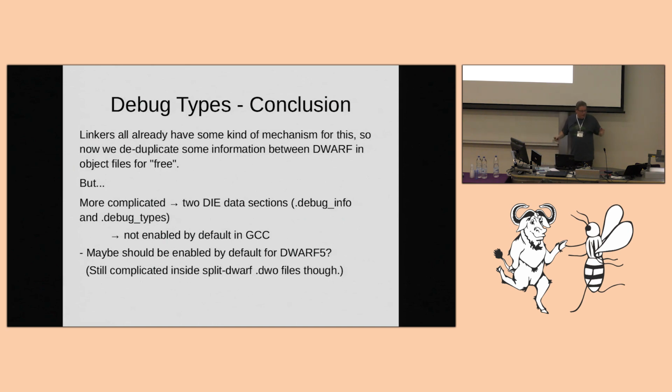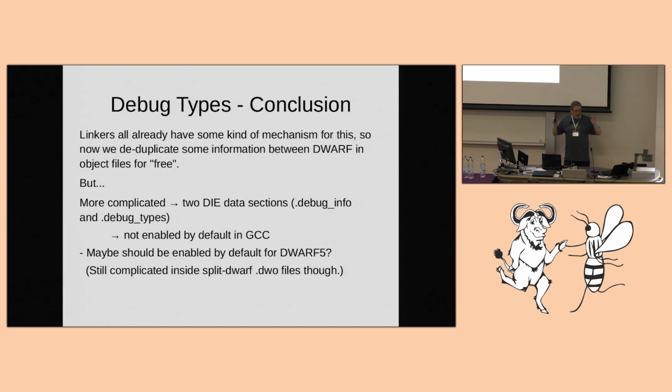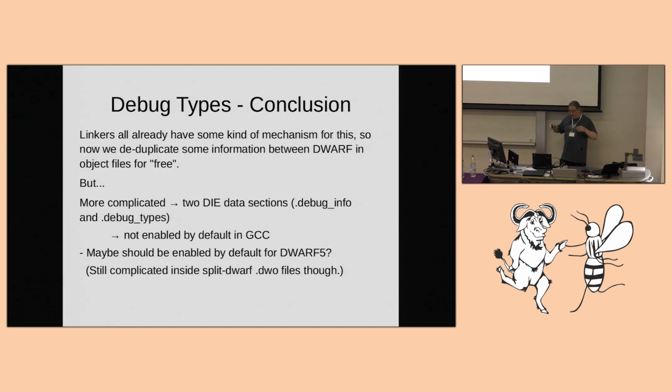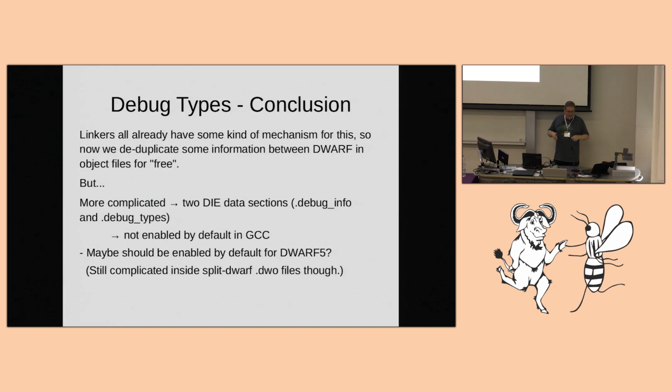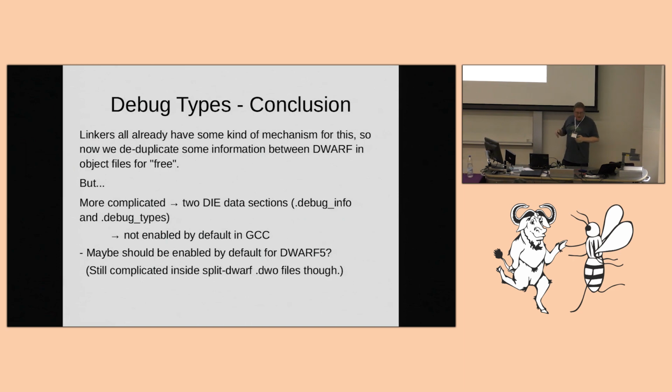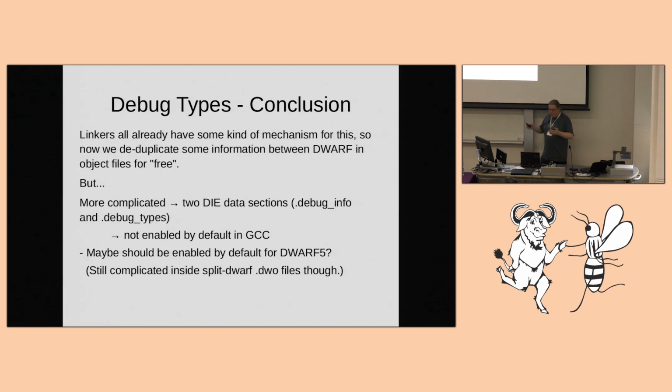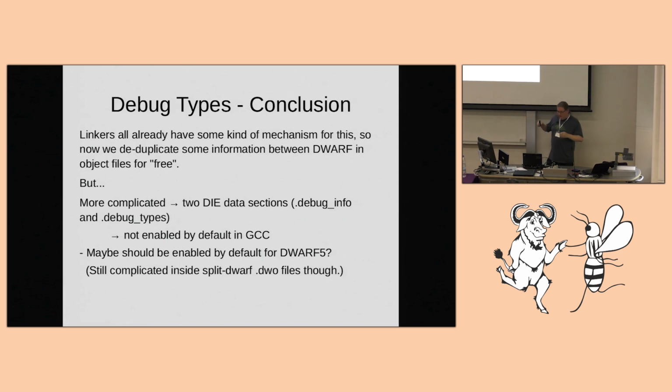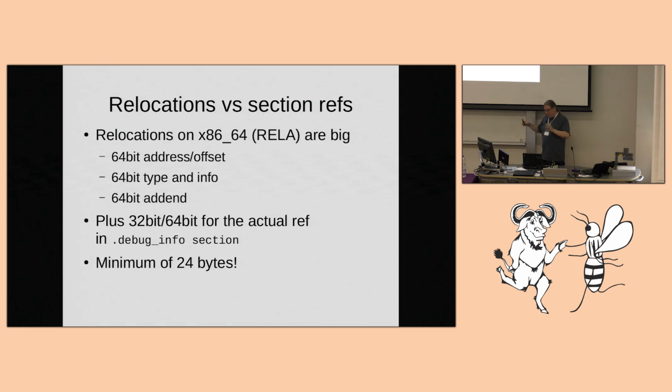They have the address, the offset they apply to, what kind of relocation they are, the symbol information, and then on various architectures there's also an addend, and a lot of that complexity is really not needed for intersection references in DWARF, because you already know or should know which other section you refer to, and GCC actually generates 32-bit DWARF, so your references could actually be smaller.